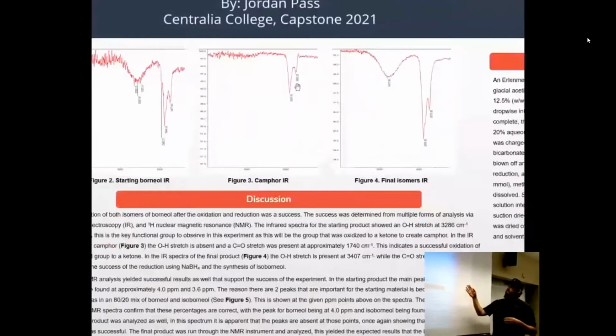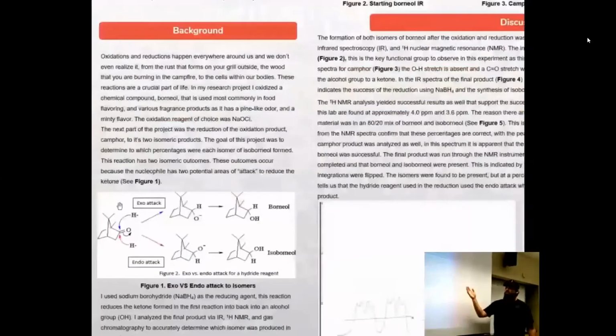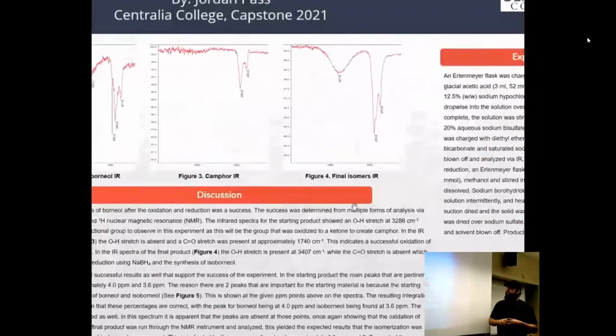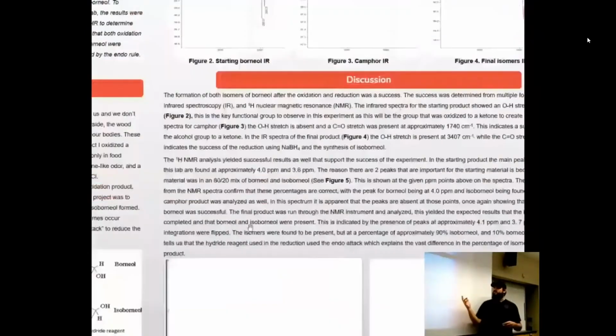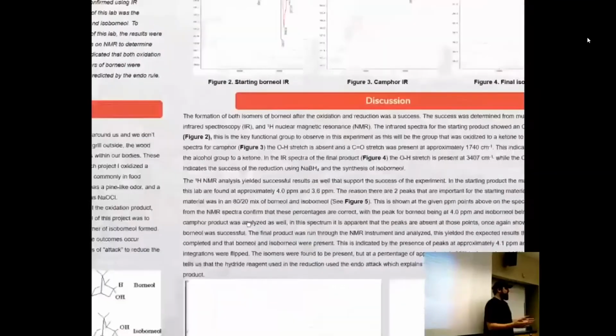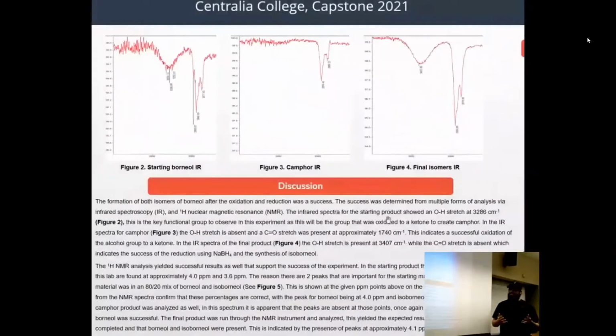In the middle, in camphor, you see that the oxidation was successful, as there's an absence of that OH group. And in the final IR for the mix of the isomers, you can see that the OH group is back present. That indicates that I've made the final product, so that's successful.